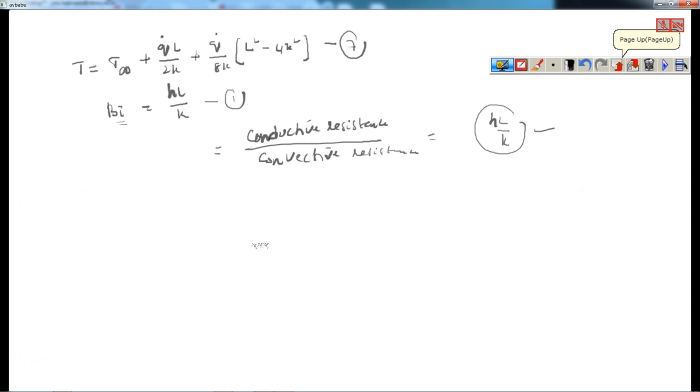Now I am considering again a slab in the region 0 less than or equal to x less than or equal to L, with internal heat generation Q dot. The face at x equal to 0 is maintained at a temperature T is equal to T0, and the face at x equal to L dissipates heat by convection to the surrounding at T infinity.